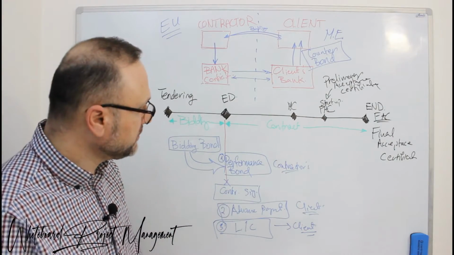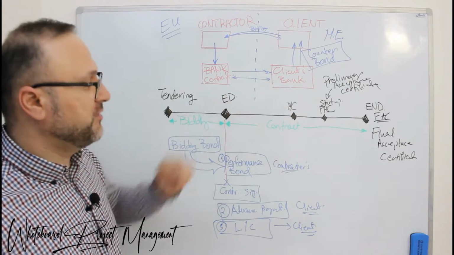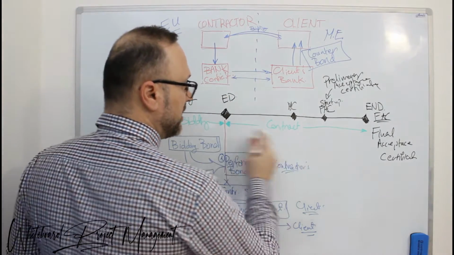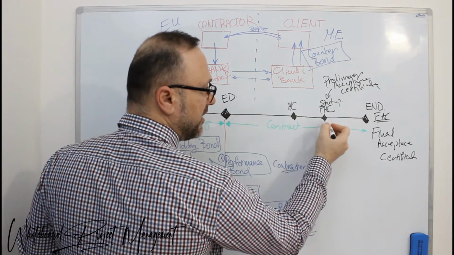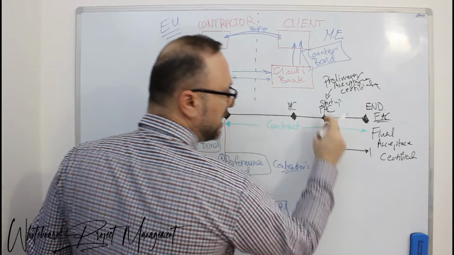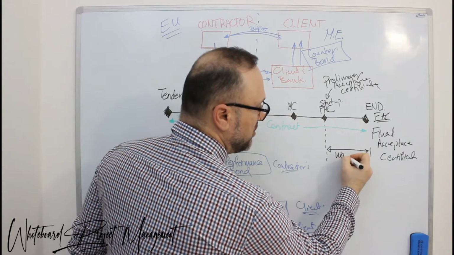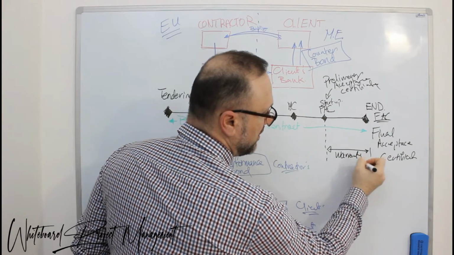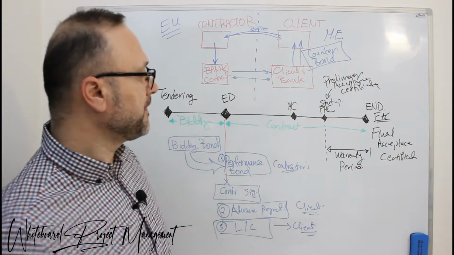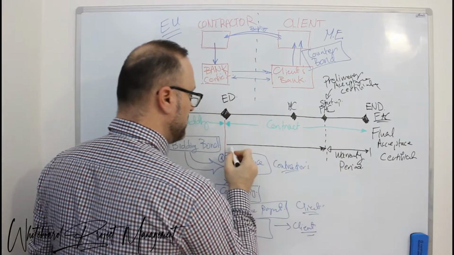Okay, the performance bond is set on the effective date of the contract, and the performance bond is up to the start of the warranty period, because once you start up the unit you have a warranty period over here. It means I have a performance bond up to my completion.